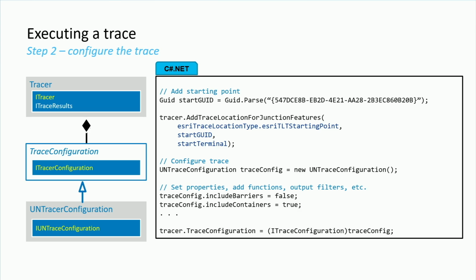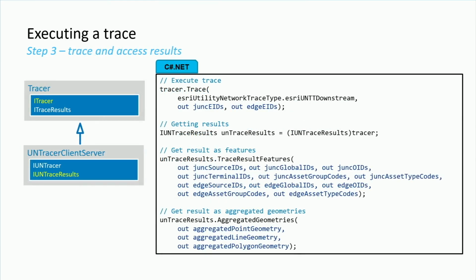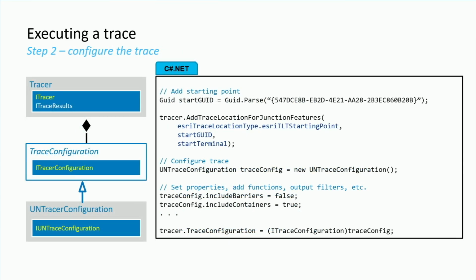Then we configure the trace configuration. We add all the properties that we need, for example, include barriers or validate consistency or domain networks. We can add them on this trace configuration object. And then from that trace configuration object, we just store it on the tracer, which is the tracer at the very bottom. It'll be the tracer configuration property. We'll store it on the tracer with that API.